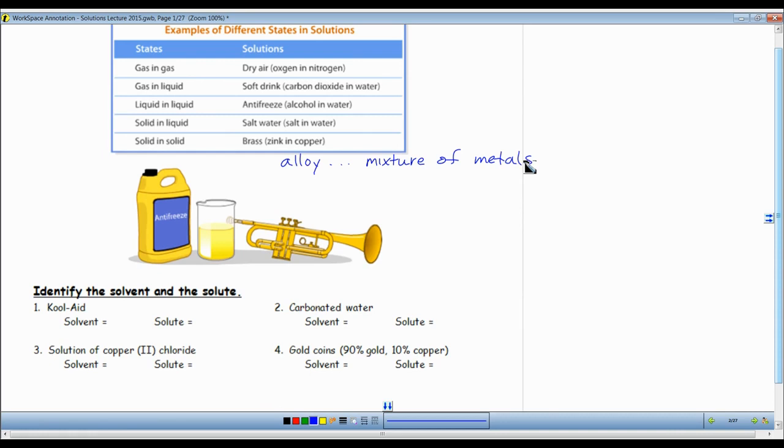And so obviously if I think of brass, I don't usually think of it as a solution, but it is stable. It's a mixture of metals. They keep their individual properties, and that's why we mix them together. Now, brass is a mixture of copper and zinc.